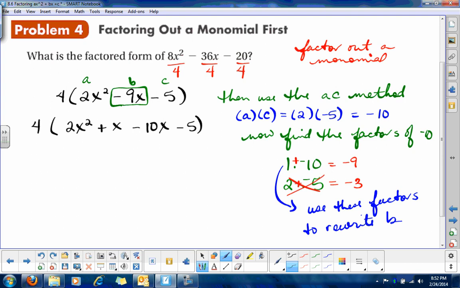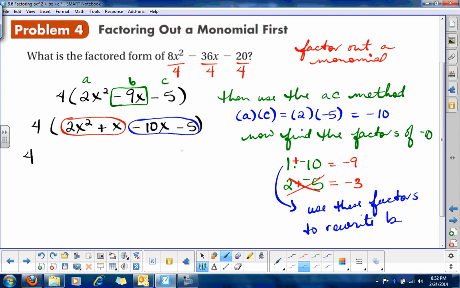Okay. So let's go ahead and factor out. First we're going to group the first two here, and we'll group the second two right there. Now, when we factor, again, we're going to bring down the 4.